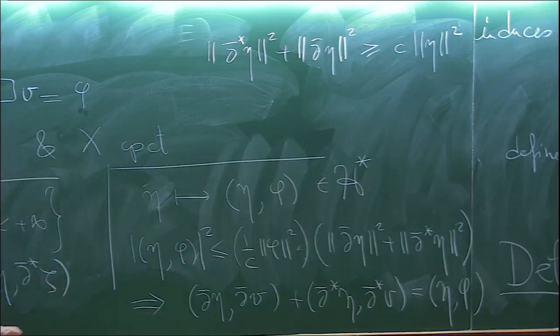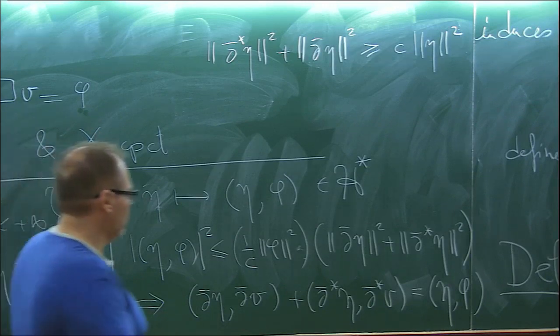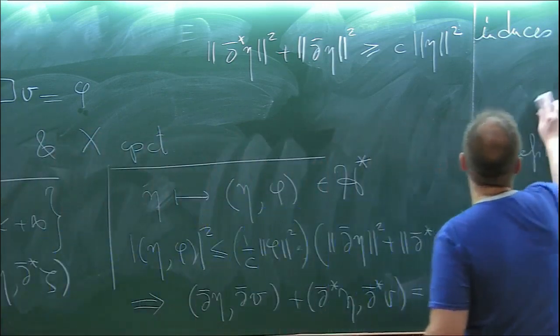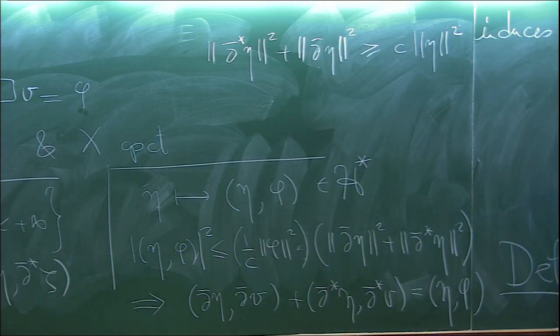And so this is what it means to be a weak solution of this equation. And now there's a kind of punchline which I will say in vague terms and maybe give it in the problem session to resolve this appropriately.